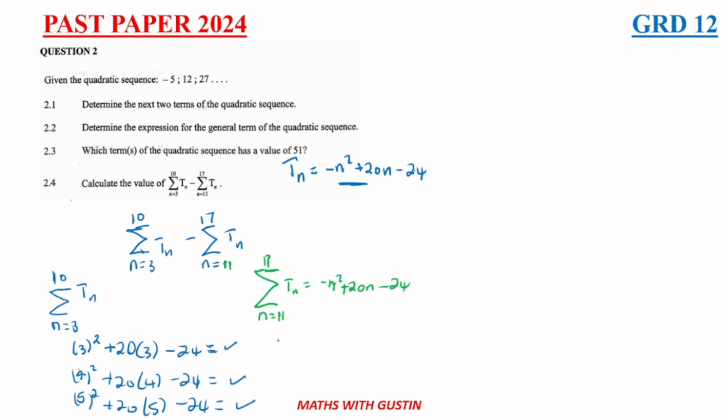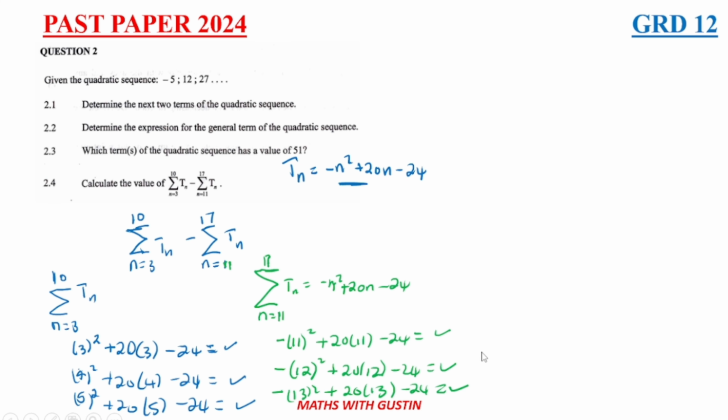You're gonna say, okay, negative 11 squared plus 20 times 11 minus 24. Same thing, guys. Then you find a value there, and then 12. The next one is negative 12 squared plus 20 times 12 minus 24. You find a value there. Then the next one is 13. Just like that, guys. Then you find a value there, minus 24. You find a value there.